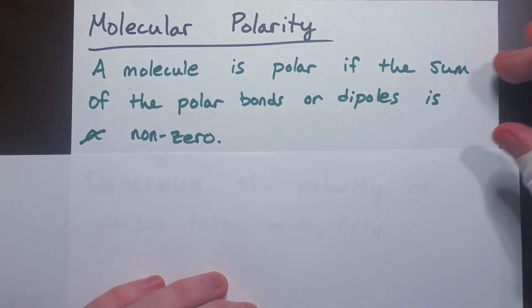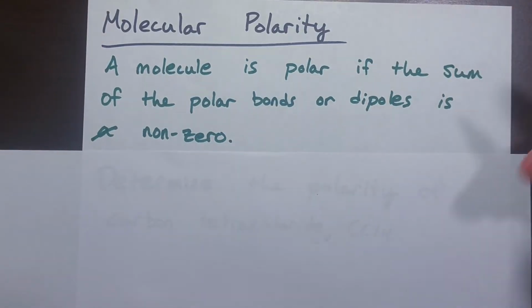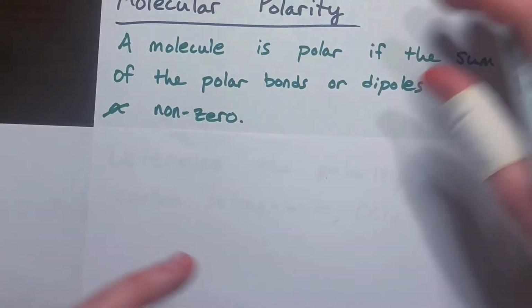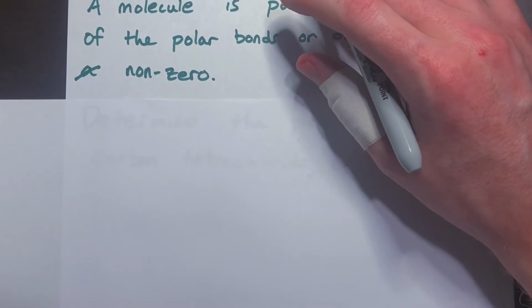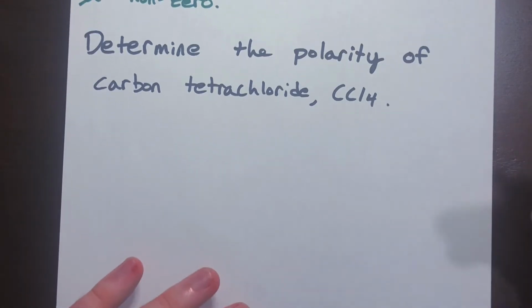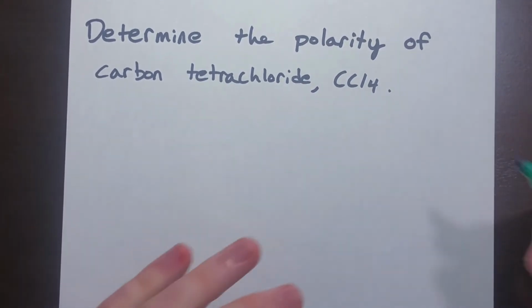So this is very difficult to understand in words, so I'm just going to move straight into the next example to illustrate what I mean by adding up the dipoles. Because as we just saw, the dipole is an arrow or a vector, so you have to be comfortable with adding vectors to determine if the molecule itself is polar or not, if the molecular polarity exists in that molecule.